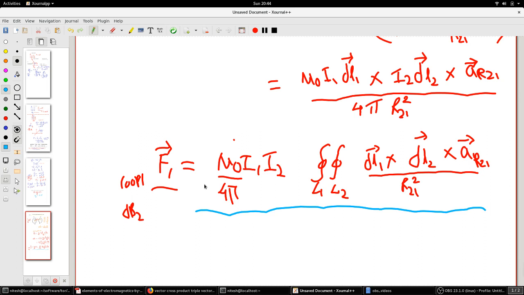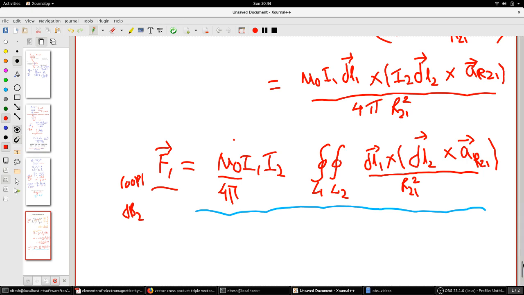One thing which I forgot to mention was this is a cross product. So where are your brackets, right? So this is one bracket, where this cross product has to be performed first.